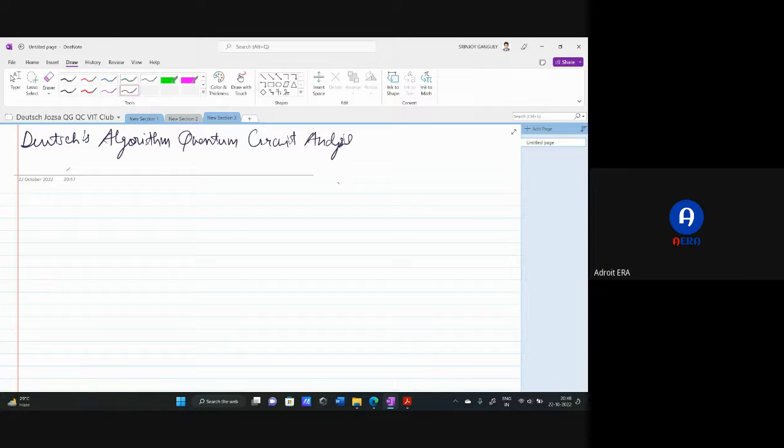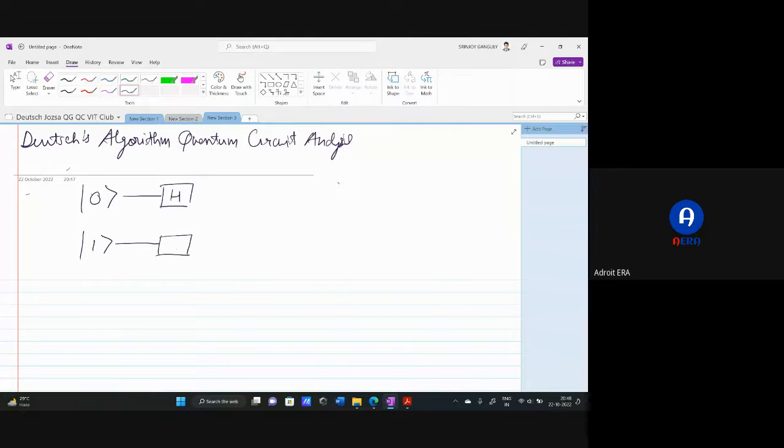Now, what will happen? Let us see. So let's say you start with ket 0, and you start with ket 1. This is what we just now saw, that you have ket 0, ket 1, and you are going to apply Hadamard gate, right? So let us do that. So we applied Hadamard gate.